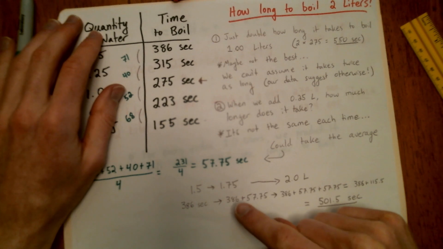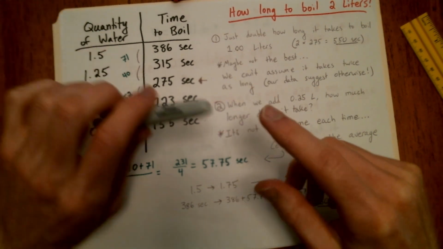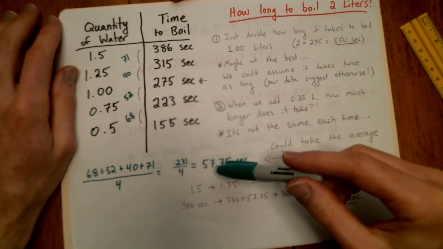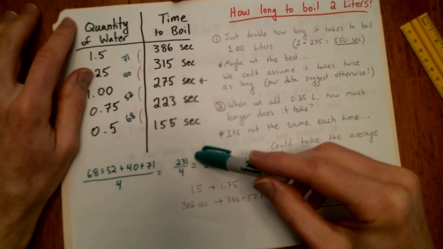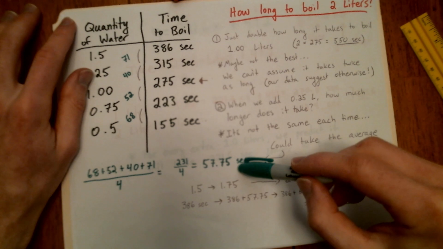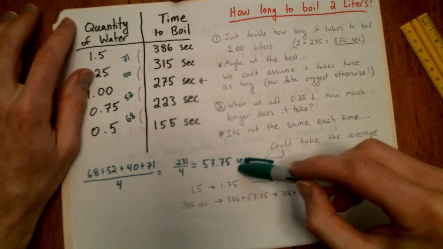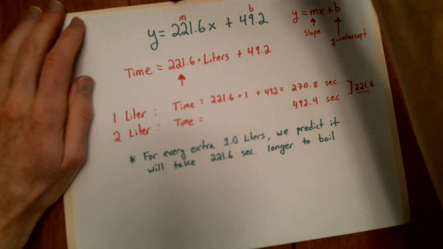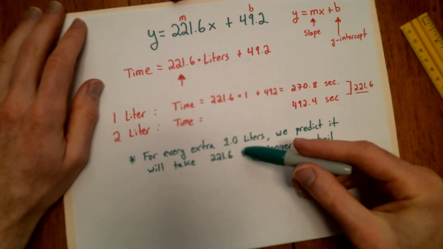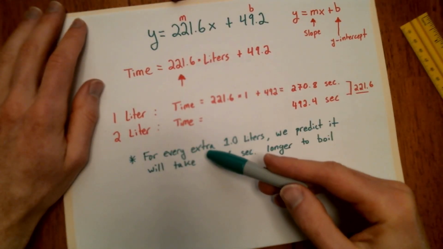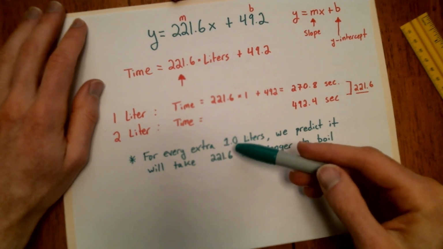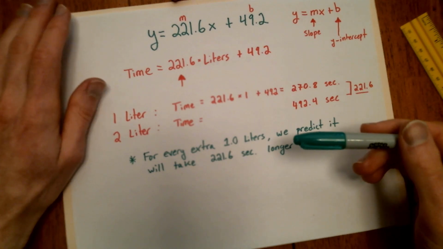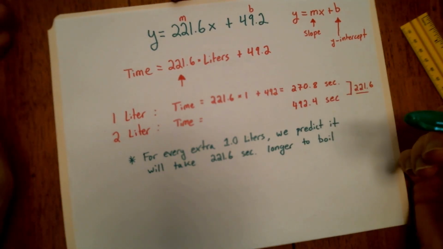We were thinking about it in terms of, every time we add a quarter liter of water, it's going to take this much longer to boil. The only difference is that the increment is now bigger. We're thinking in terms of adding 1 liter instead of a quarter liter. But these things are very tightly tied to one another.